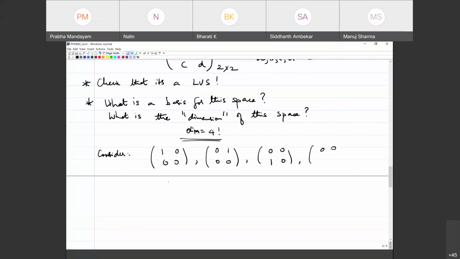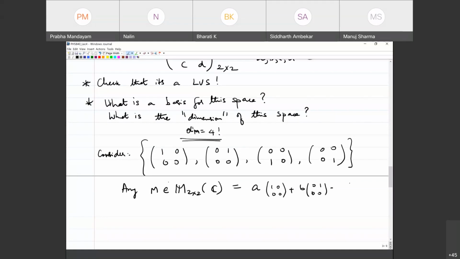And it's easy to see that any M which belongs to this space of 2 cross 2 complex matrices can be written as a times the first one of these. So let me just write this down. Okay, so I hope you see that this set of 4 matrices forms a basis for this vector space. Okay, and this is indeed therefore a 4-dimensional vector space.